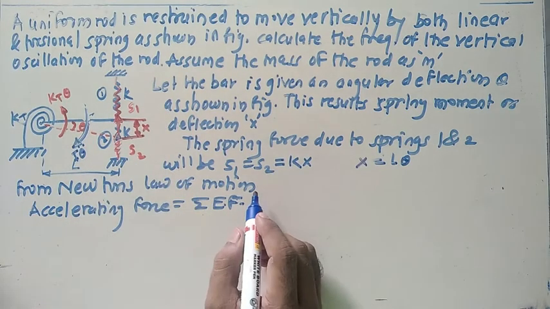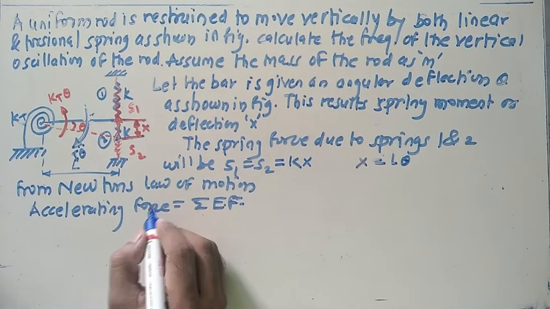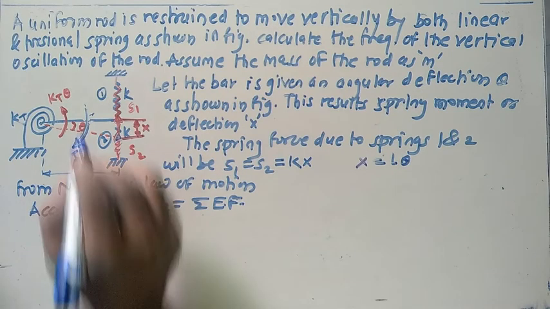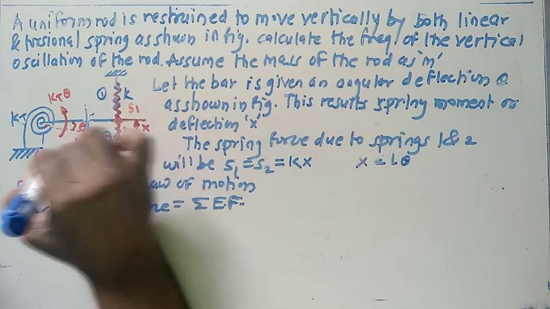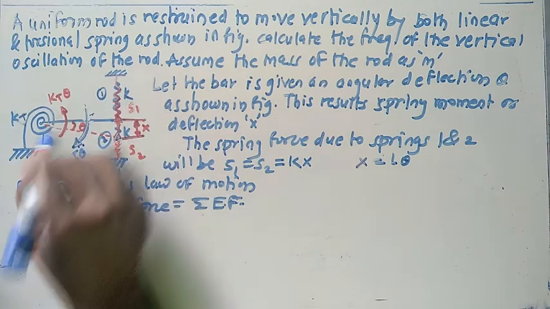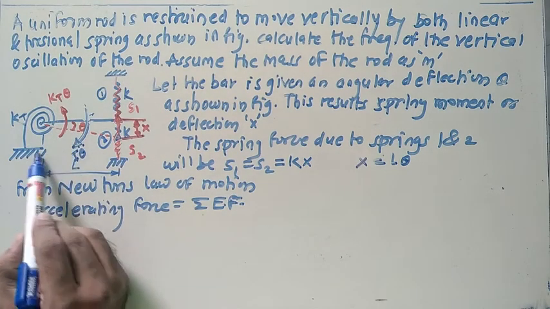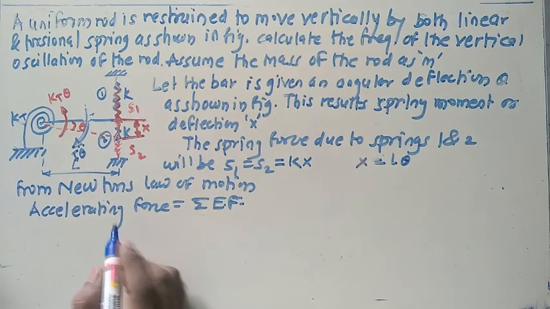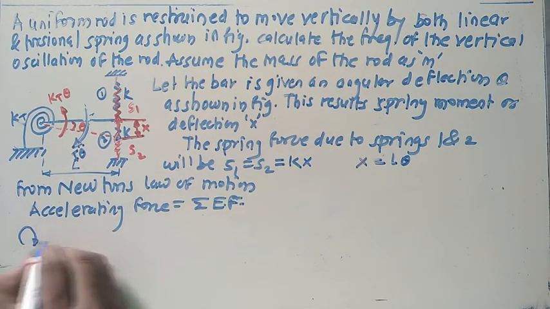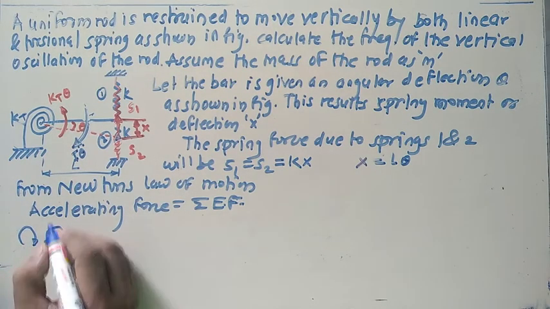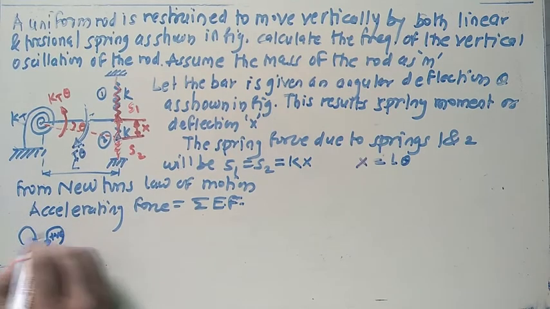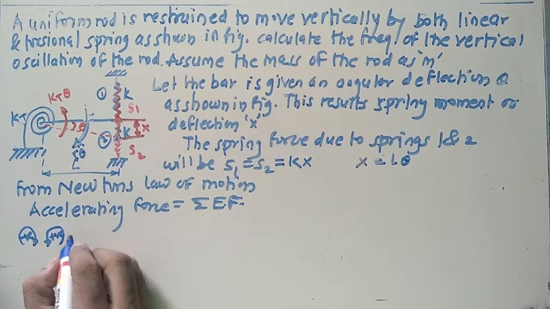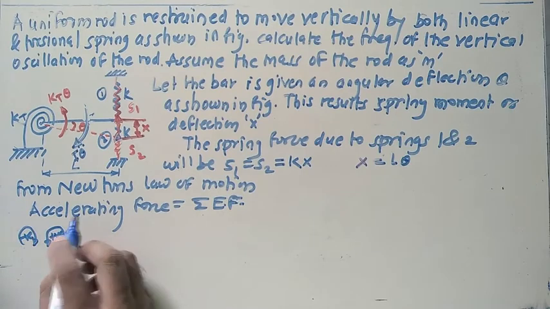So what's about accelerating force? Now see here, this one turns about this point in clockwise direction. So as per our notation earlier, what are the moments because of the anti-clockwise forces, you have to consider that as negative.